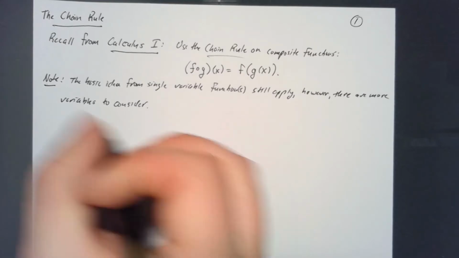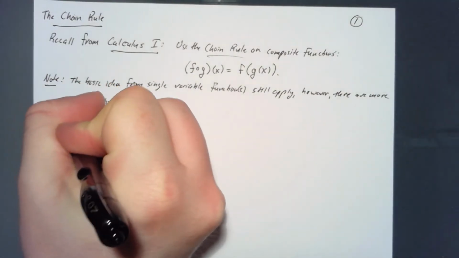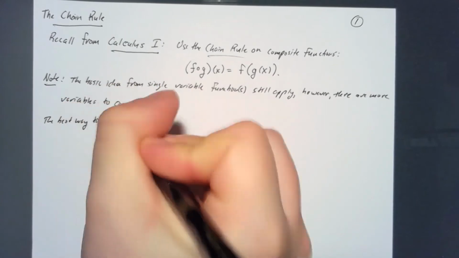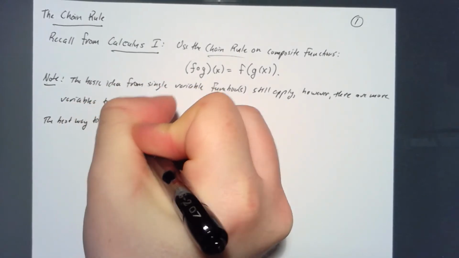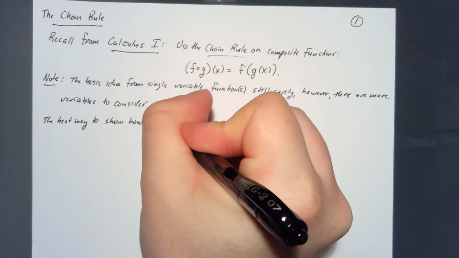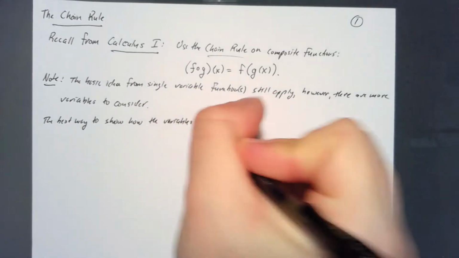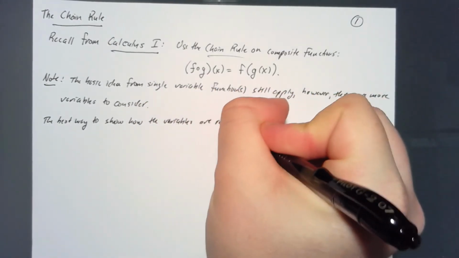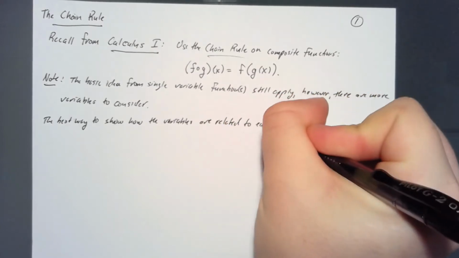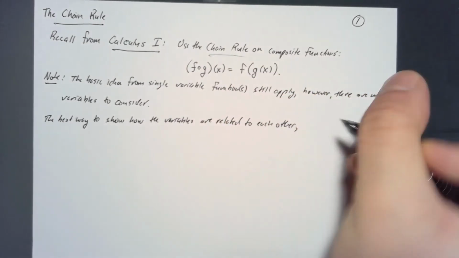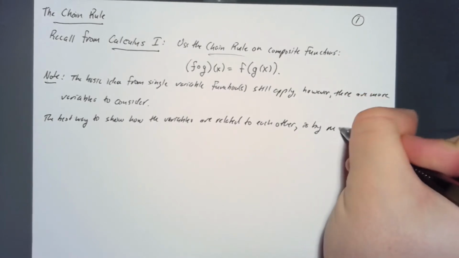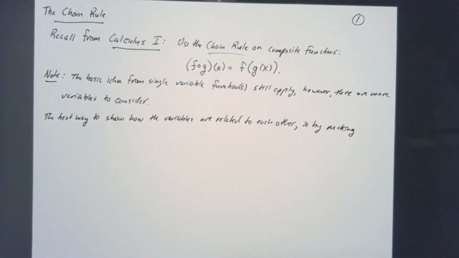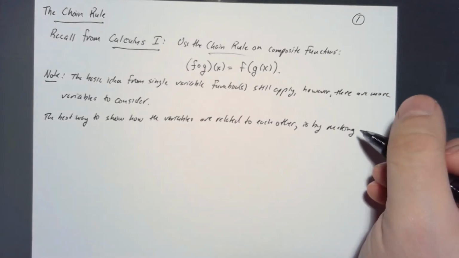The best way to show how the variables are related to each other is by making, and your textbook calls it the same thing that I call it, a dependency diagram.